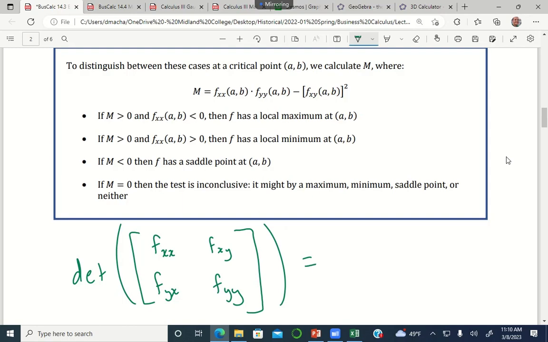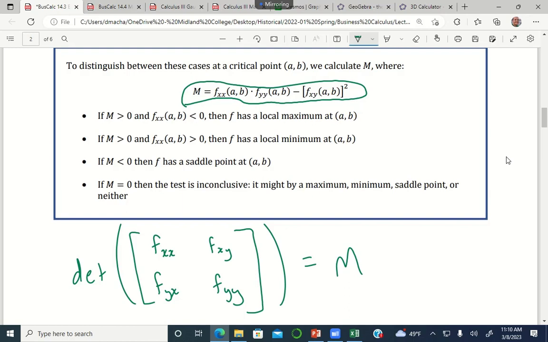The determinant of the matrix is top left times bottom right minus bottom left times top right. And so that is what's going on here with this formula.